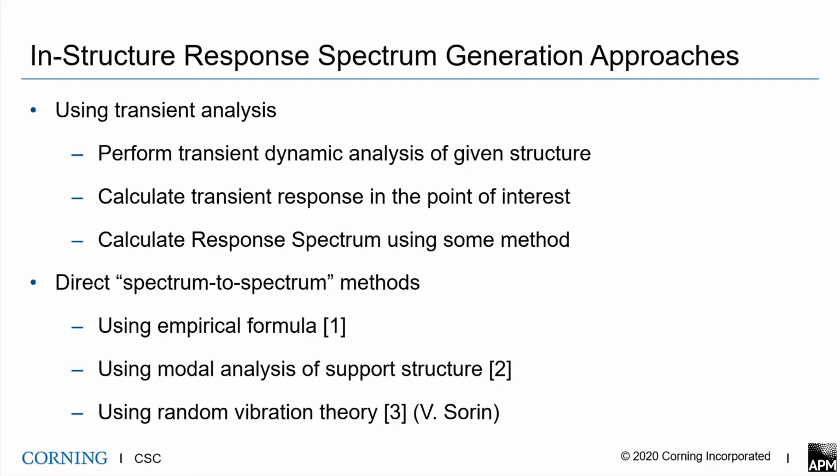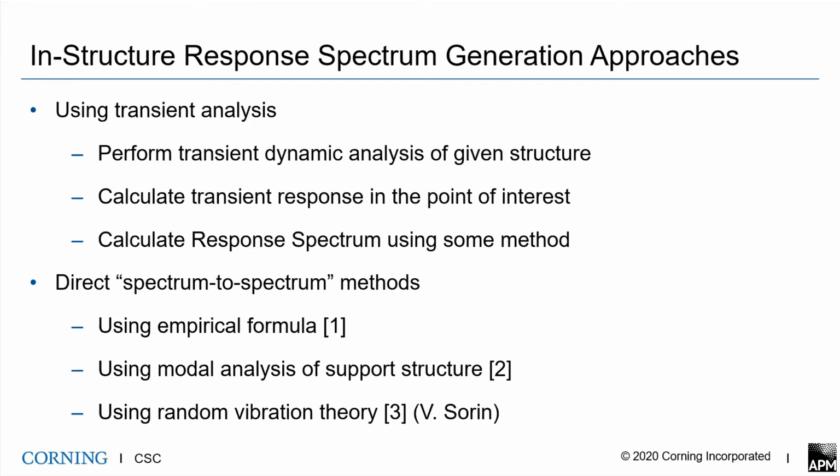This procedure can give the most accurate input seismic information, but of course it is computationally inefficient due to the complexity of transient dynamic analysis for large models. Moreover, the time history method requires earthquake records, which are rarely available.